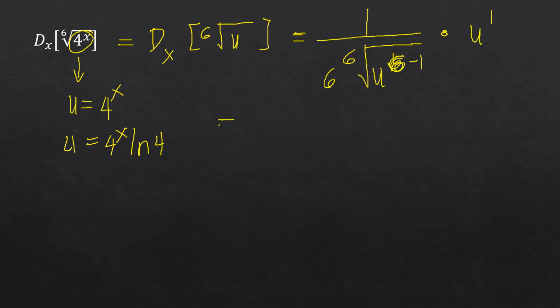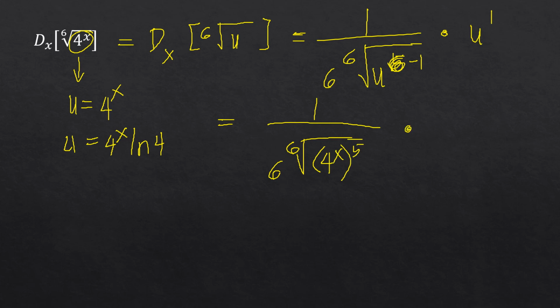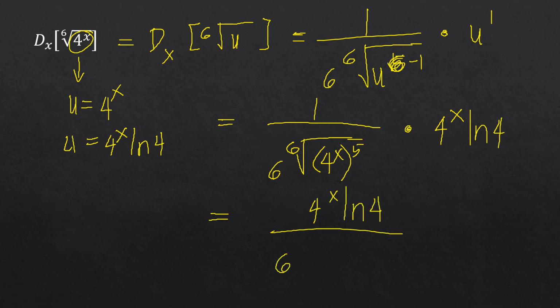And that will be equal to, let u be equal to 4 raised to x, so 1 over 6, 6th root of u raised to 5, and this will be 4 raised to x, quantity raised to 5, times the derivative of u, u prime, which is 4 raised to x ln of 4. So we now have our answer, 4 raised to x ln of 4 divided by 6, 6th root of 4 raised to 5x.